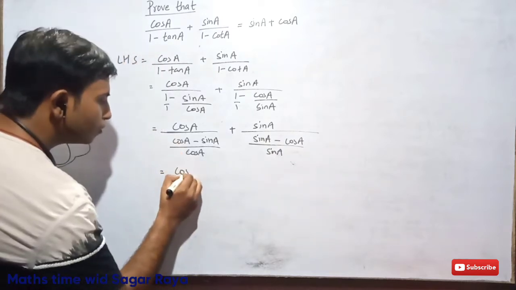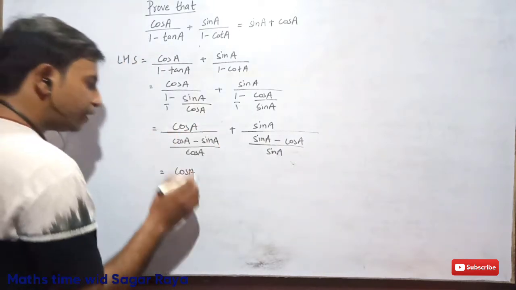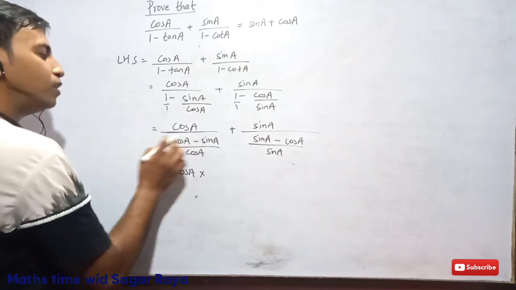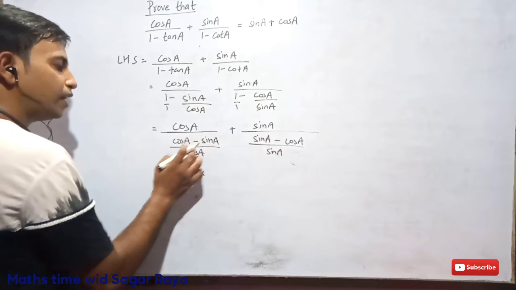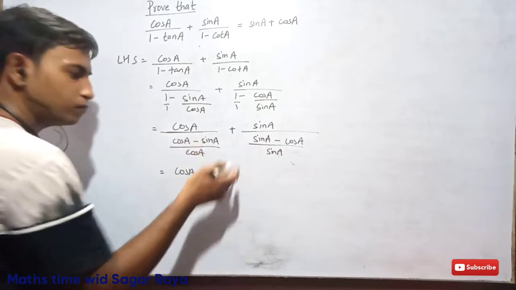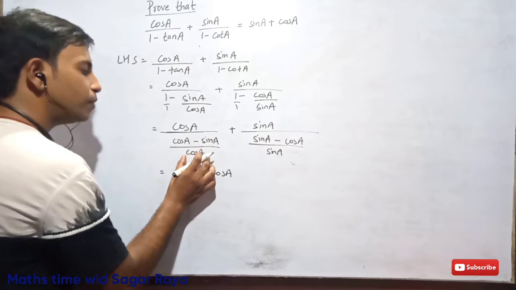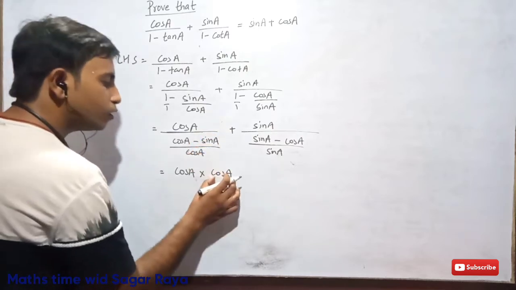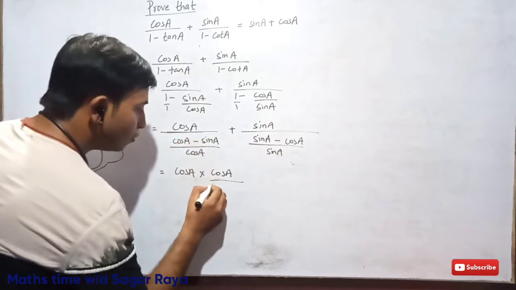Now cos A, this means divide sign. So if this is the divide sign, I will use the multiplication sign and change this fraction. So cos A divided by (cos A minus sin A by cos A) becomes, if you take cos A minus sin A by cos A to the upper side, the denominator will come up and the numerator will go down.